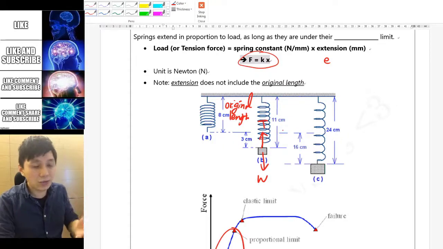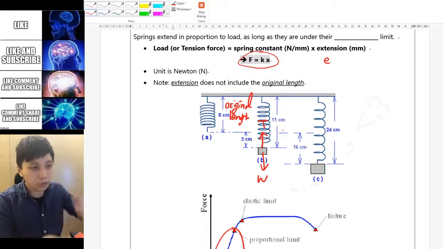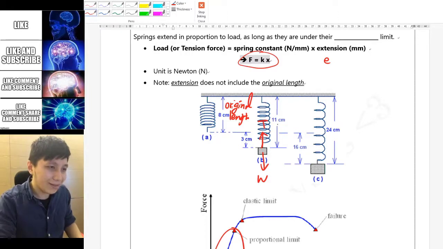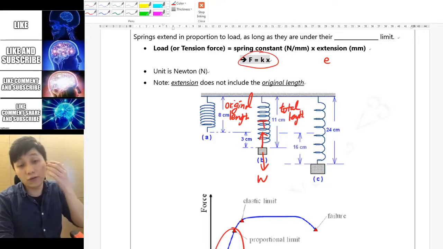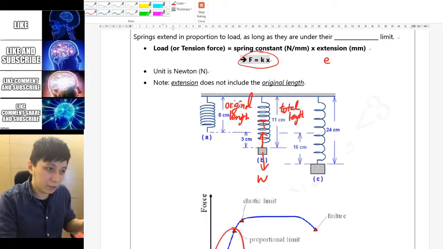So since there's a tension, then there must be an extension, just like what I showed you earlier when I pull the spring. And so now this 11 cm is called the total length. And therefore, if you use the total length minus the original length, obviously you will get 3 cm. So 3 cm would really be the extension.